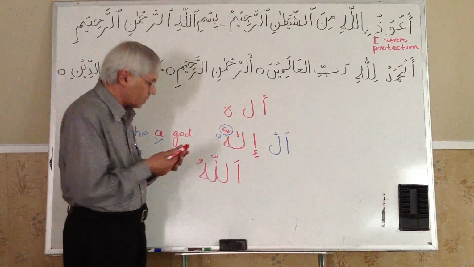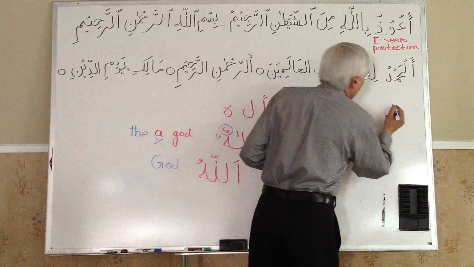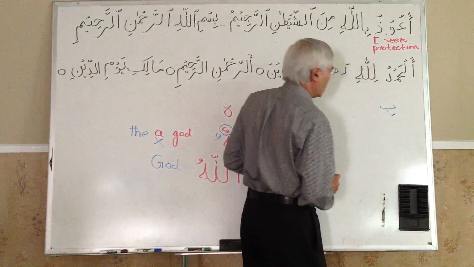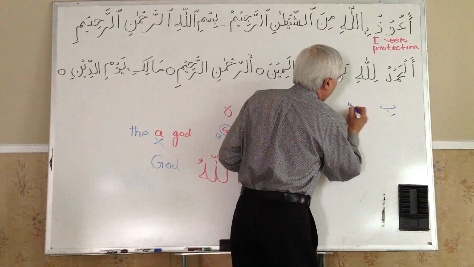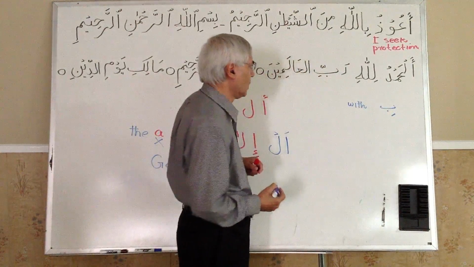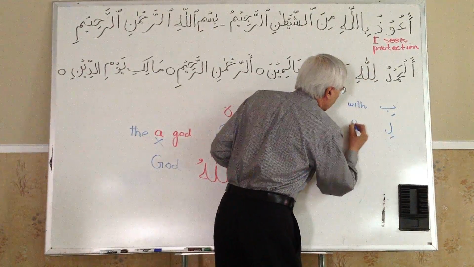Now, let's learn one more thing. In Arabic, there are some letters here. Ba with a kasra, Bi means with. Lam with a kasra, li, means for.